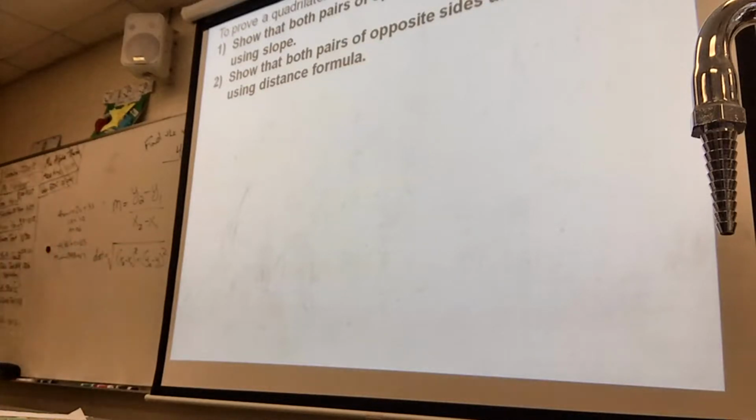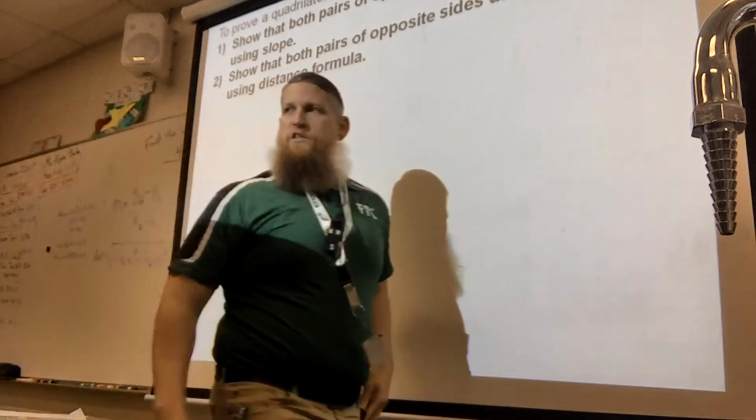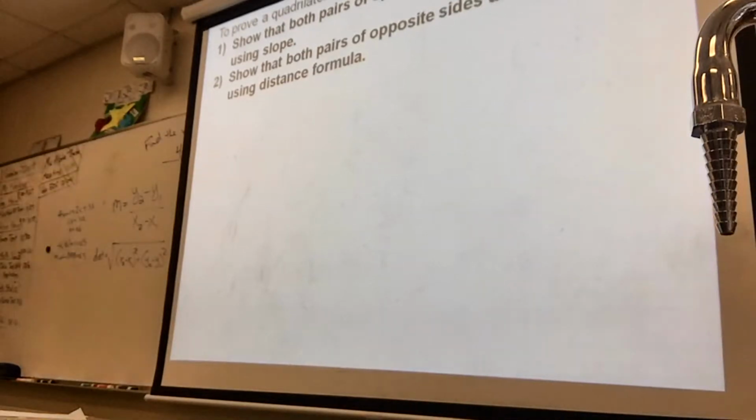Or you can use the actual distance formula, which is the difference in your x coordinates squared and the difference in your y coordinates squared added together, under a square root. Because remember, that's essentially your a squared plus b squared part of Pythagorean theorem. And the square root is there because you're isolating c instead of c squared.